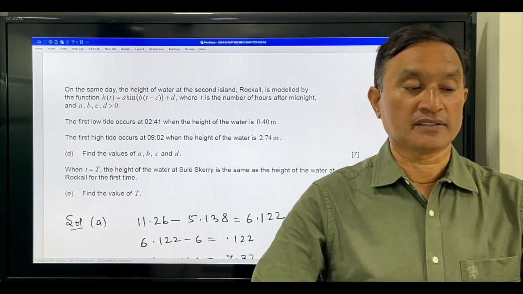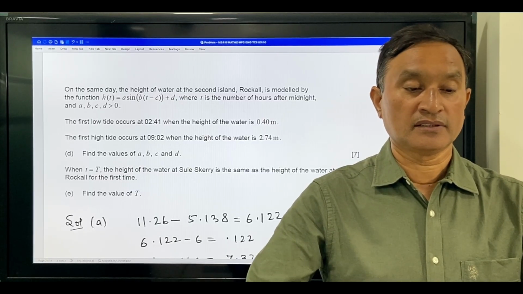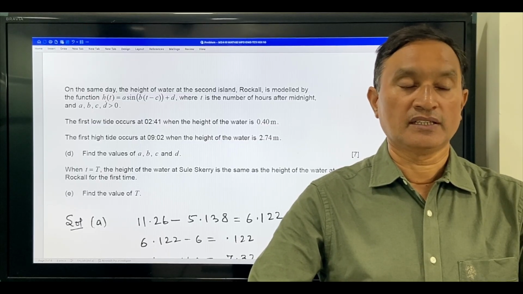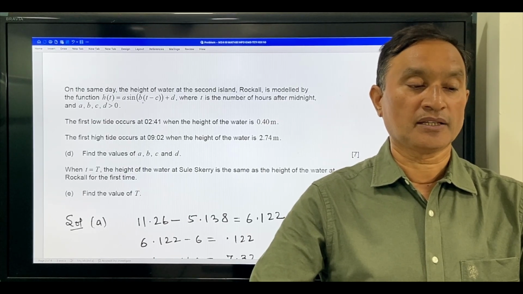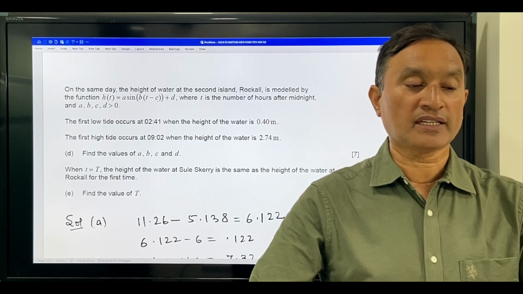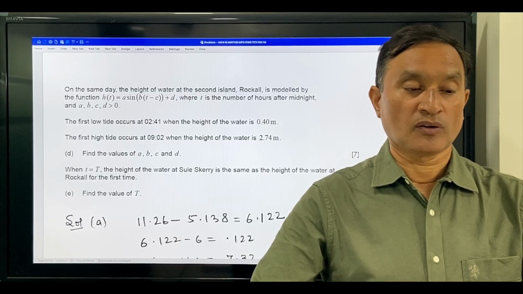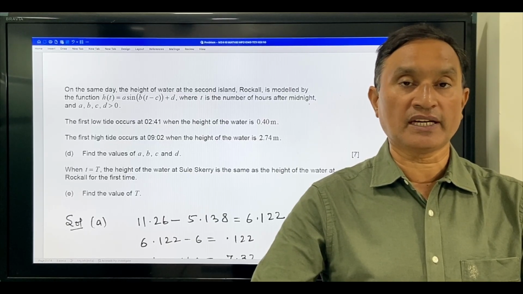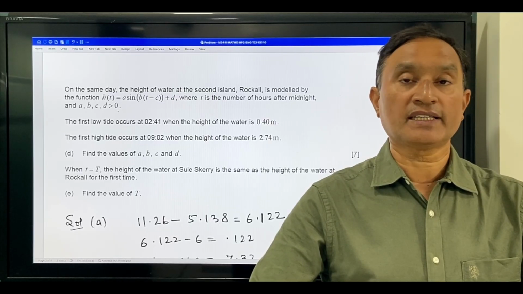On the same day, the height of water at the second island, Rockall, is modeled by the function small h of t equals a sine b bracket t minus c bracket close plus d, where t is the number of hours after midnight and a, b, c, d are greater than 0.